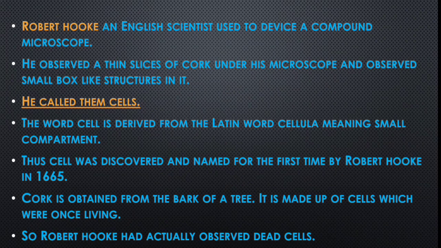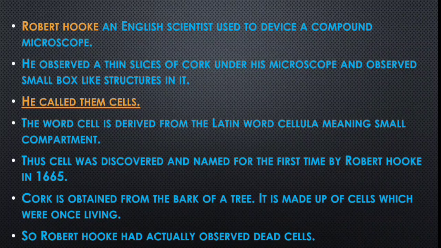Now what Robert Hooke did, he took some sample of cork. What is a cork? It is the outer layer of the bark of a tree trunk. If you know, it is woody in nature.